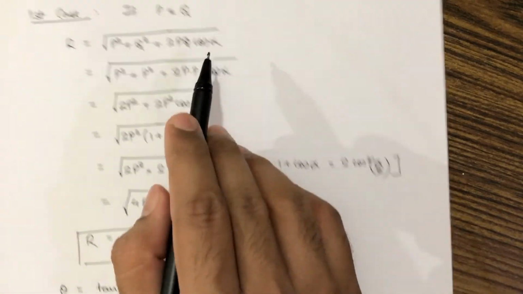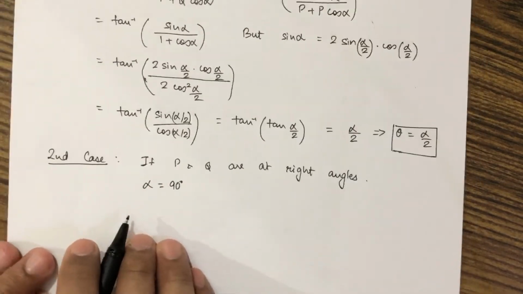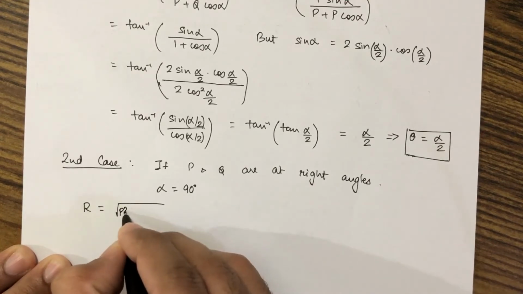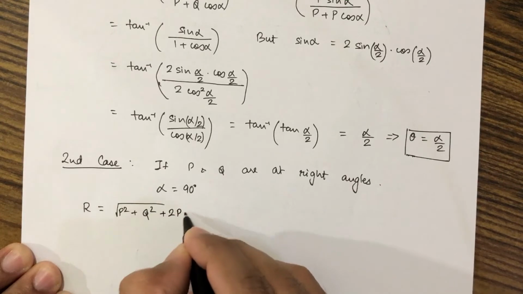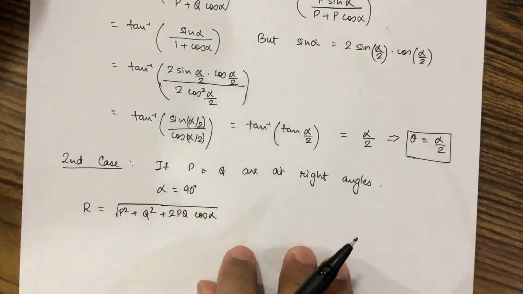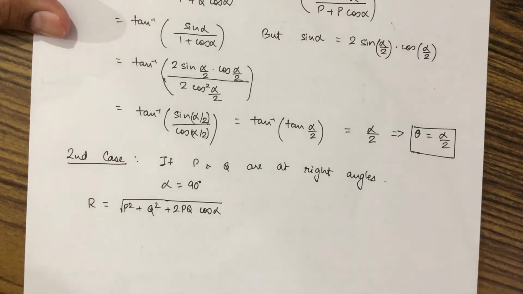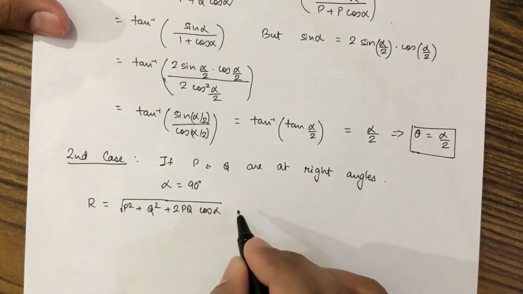So if we substitute, the resultant value was given as R is equal to under root of P square plus Q square plus 2PQ cos alpha. And if we substitute 90 in place of alpha, then we know that cos 90 degree is 0.